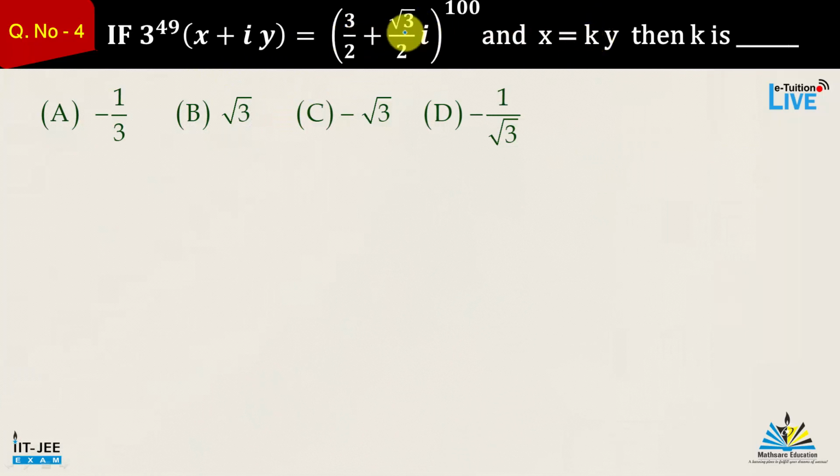You can observe here this is a very huge number, and before proceeding, first of all we need to observe this complex number.